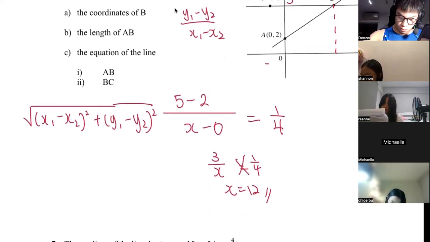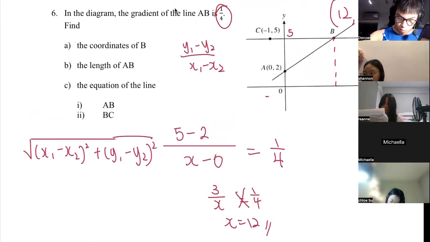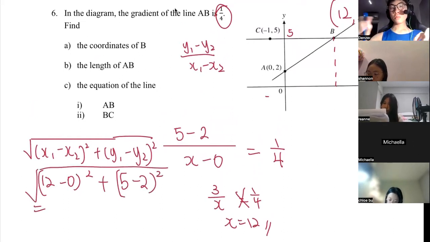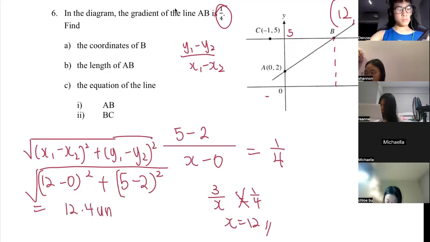Time's up. Just plug it in. X1 minus X2 squared plus Y1 minus Y2 square, whole thing square root. Just press this in your calculator. You'll get 12.4 units.